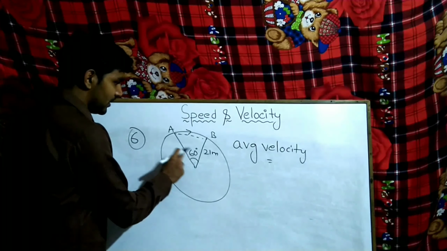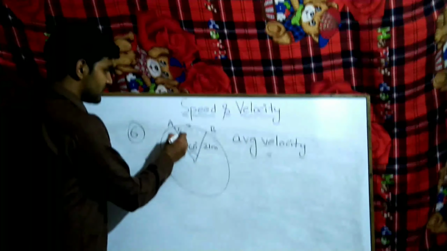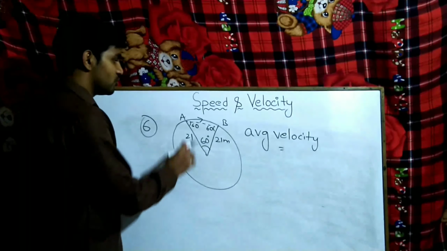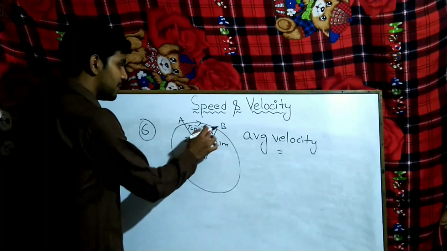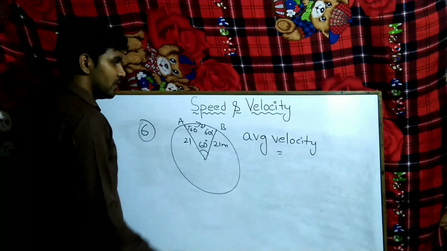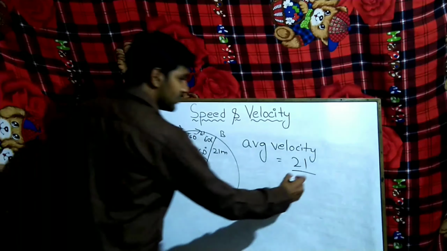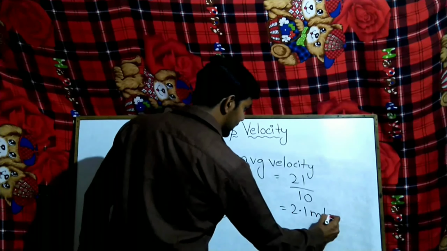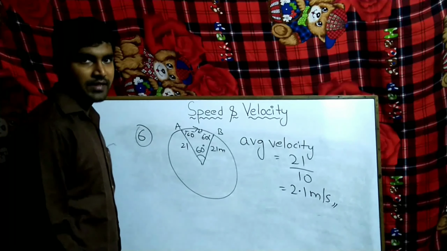If this angle is 60 and these two sides are equal, then automatically these angles are also 60 and 60, because both should be equal. So this is an equilateral triangle, and all sides are equal. Then AB becomes 21, so displacement is 21, by total time 10. So it comes to 2.1 meters per second. So the average velocity is 2.1 meters per second.